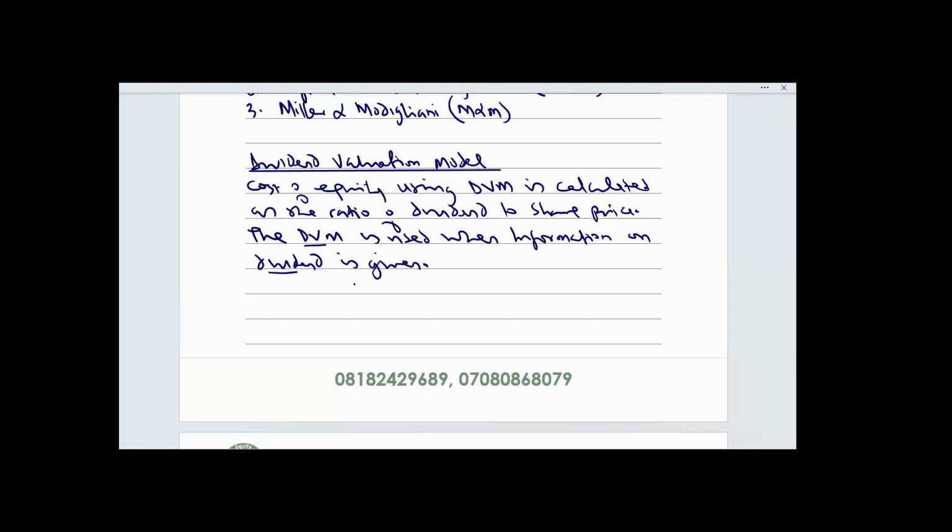Now, how do you then calculate it? How do you calculate cost of equity using dividend valuation model? Remember, I said it is the ratio of dividend to share price.